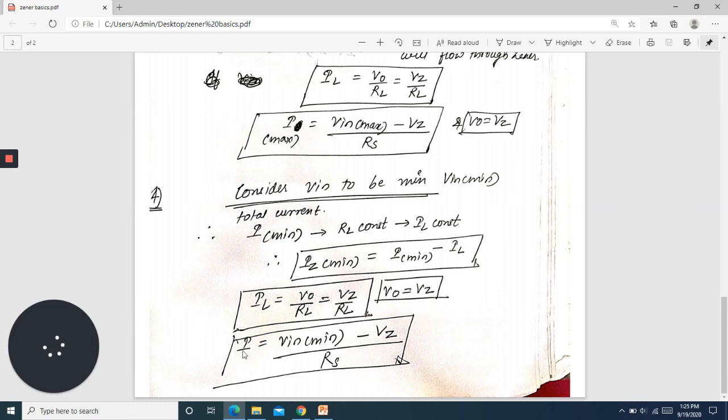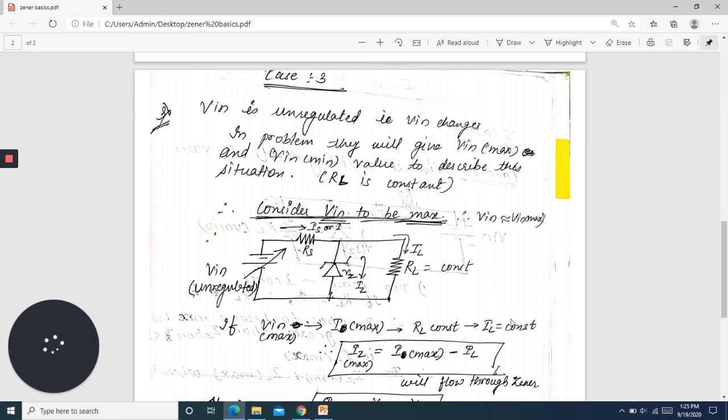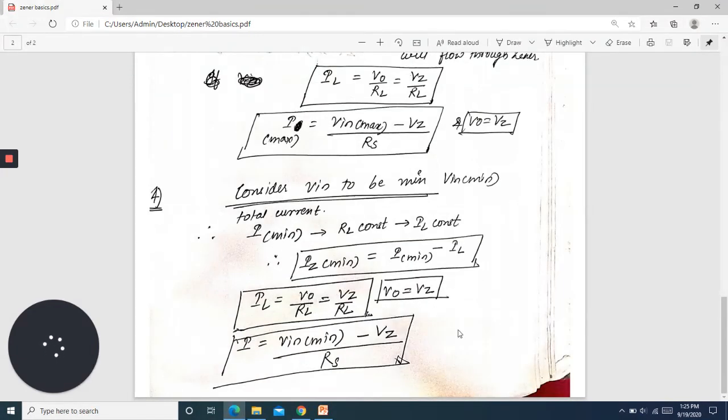Now what is the total current I? It can also be found using this formula. Vin minimum, because here we have considered the case for Vin minimum, minus, see this point is Vin minimum. Okay. So this point is Vin minimum minus VO or Vz upon Rs will give you the value of I.